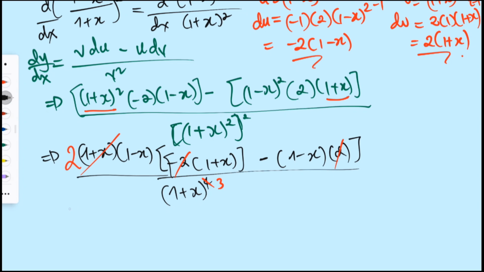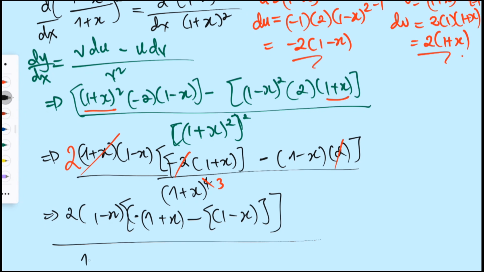And then our resulting equation would be 2 brackets 1 minus x brackets 1 plus x. This is a negative on the outside, please don't forget, minus 1 minus x brackets 1 plus x cubed.